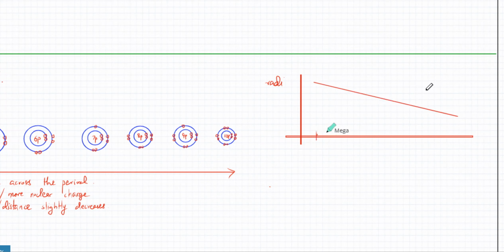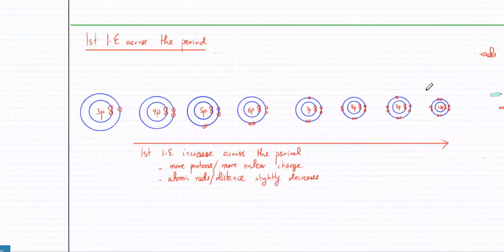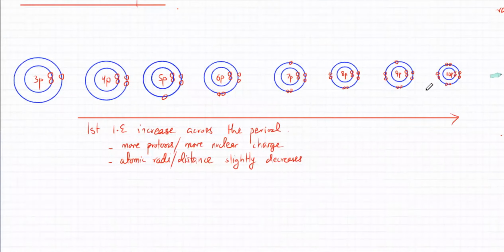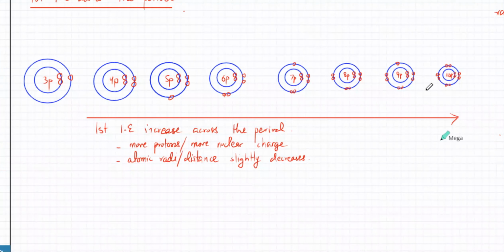So if you go from group 1, then group 2, group 3, 4, 5, 6, 7, and group 18, the atomic radius would always decrease, and your graph is going to look like this. It's always going to be a gradual decrease, not an abrupt decrease. As you keep moving to the right, the atoms always decrease. Now, what other factors? Shielding is constant, so you have constant shielding, same number of shells.